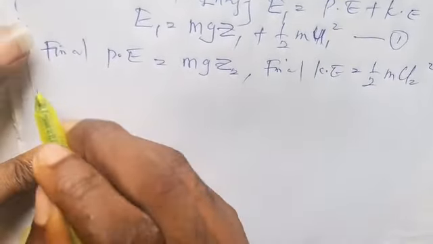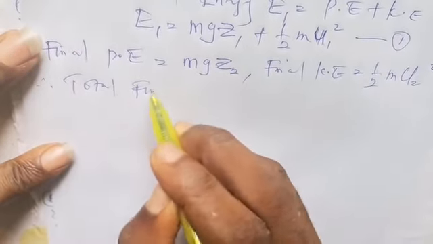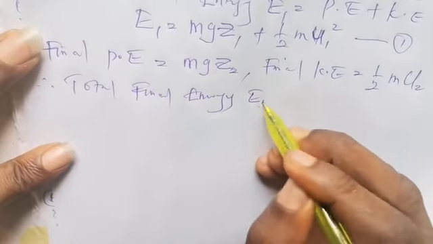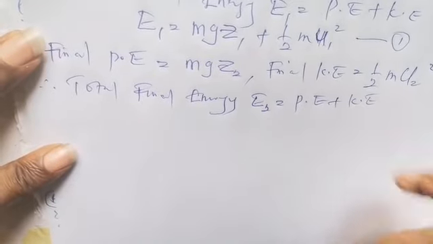If you know this, therefore the total final energy, which is E2, is also going to be potential energy plus kinetic energy.